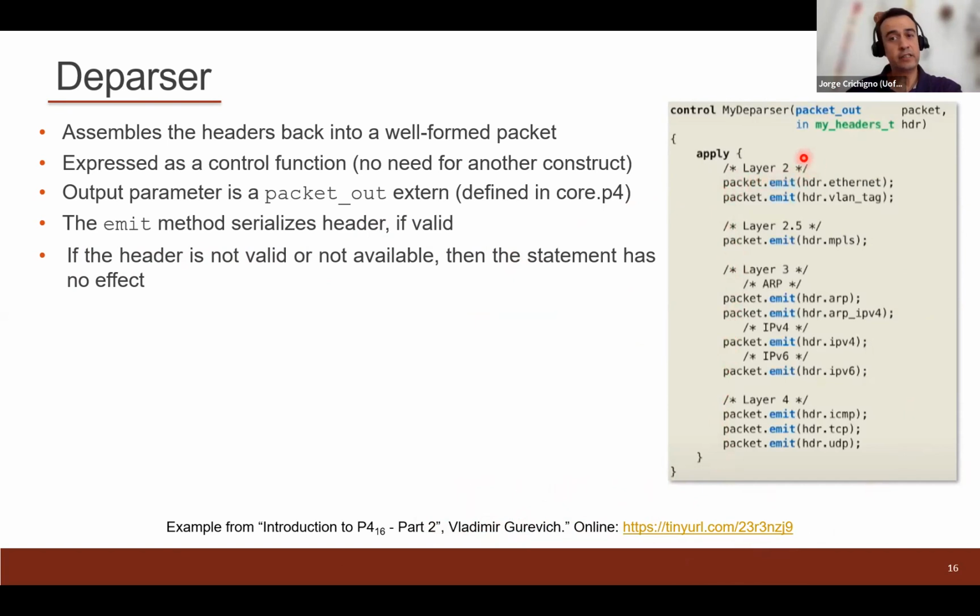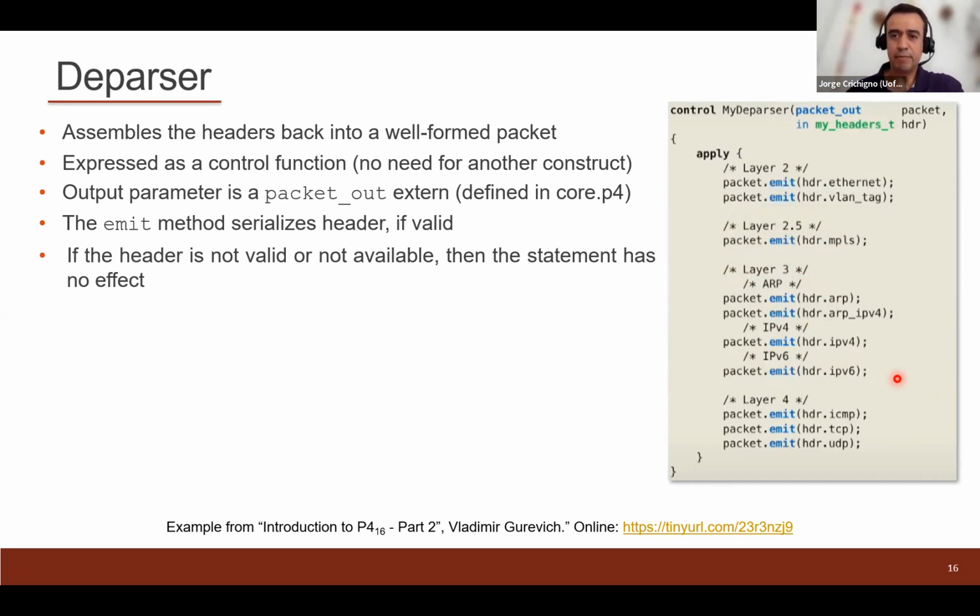For example, the layer 2 first, and then in this example, we have MPLS that is considered layer 2.5, then layer 3, where we have IPv4, IPv6. And remember, a packet cannot be IPv4 and IPv6 at the same time, or an ARP packet and an IPv4 packet. Only one will be valid.